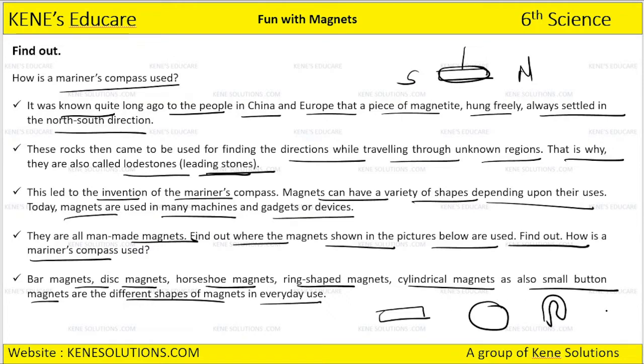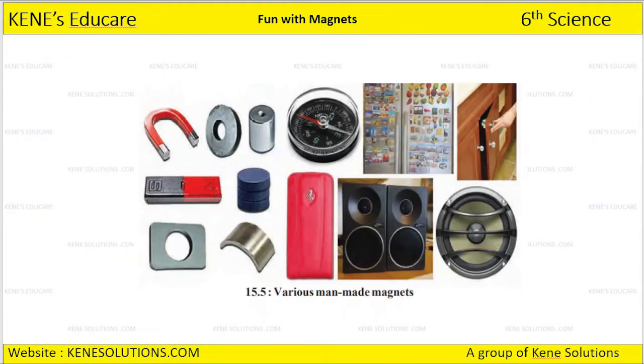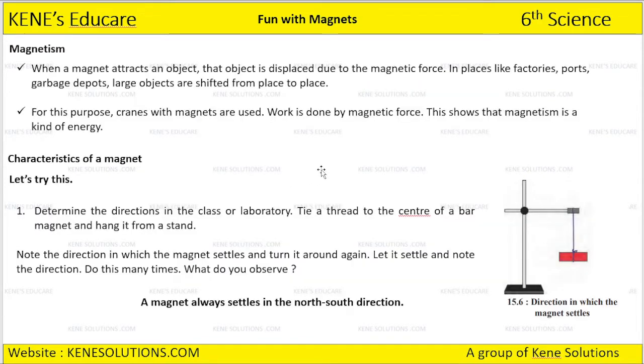And ring shape, it will be in the form of a ring. Cylindrical, it will be in the form of a cylinder. So these are the various shapes of magnets that you can see here: horseshoe magnet, bar magnet, ring-shaped magnet, cylindrical magnet. And these are the man-made magnets.